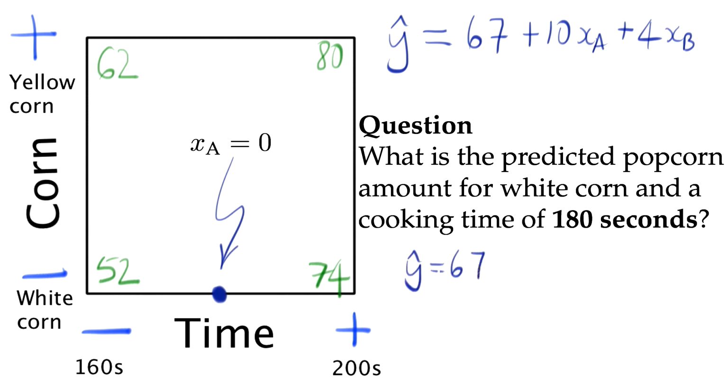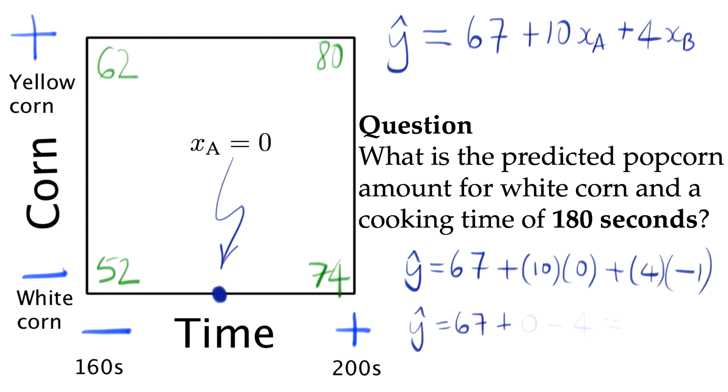The coded value for XB is -1 for white corn, and so if we use all of that together now, we get 67 plus 0 minus 4. That gets us a prediction of 63 popped corns. Is this prediction reasonable? Well, notice that 63 is a number that falls exactly midway between 52 and 74. So yes, this prediction makes perfect sense.